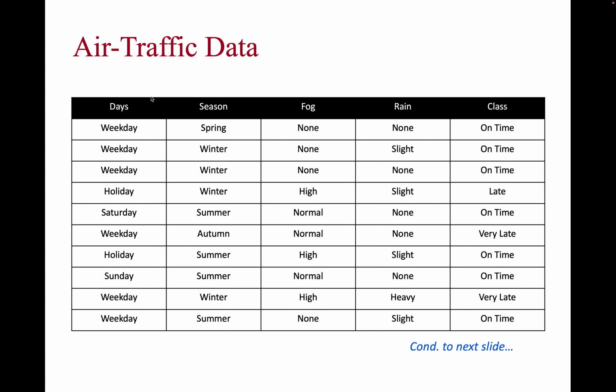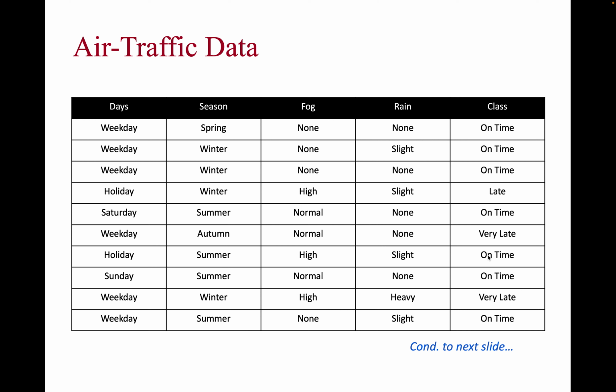Day: weekday, holiday, Saturday, Sunday. Season: spring, winter, summer, autumn. Fog: none, high, normal. Rain: none, slight, heavy. Class: on time, late. This is the target.